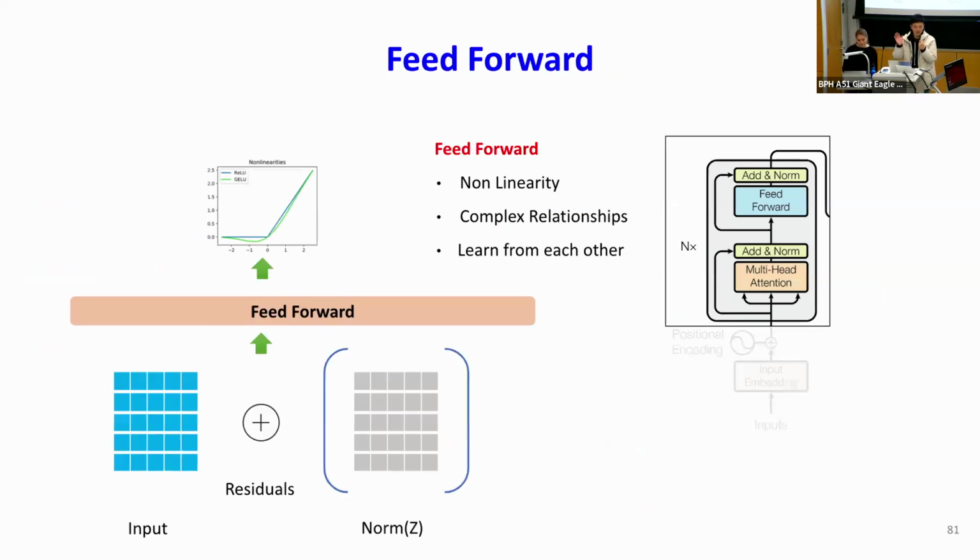So it's just going to be an MLP with a nonlinearity activation at the end. The reason we want that is because we want nonlinearity in relationships. Because if you remember from before, apart from the softmax, everything in the attention is just matrix multiplication. And then we want to have a different layer of complexity, so the model can learn nonlinear functions with complex behaviors.